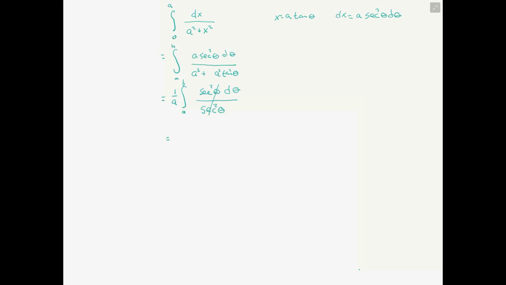Those cancel, and we have 1 over a integral of d theta from a to b, and that's 1 over a theta, evaluated from a to b.